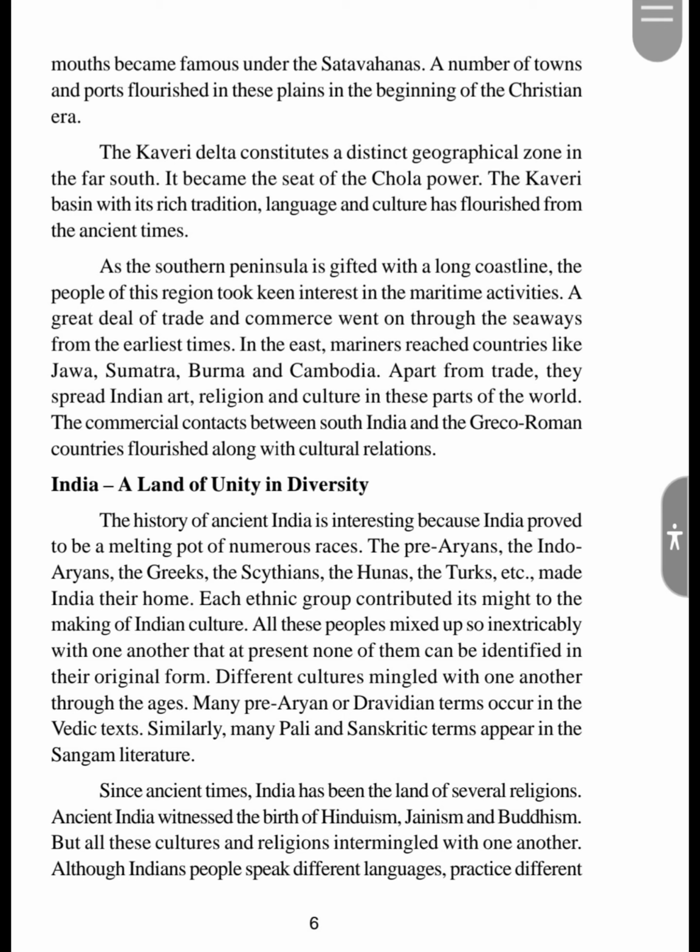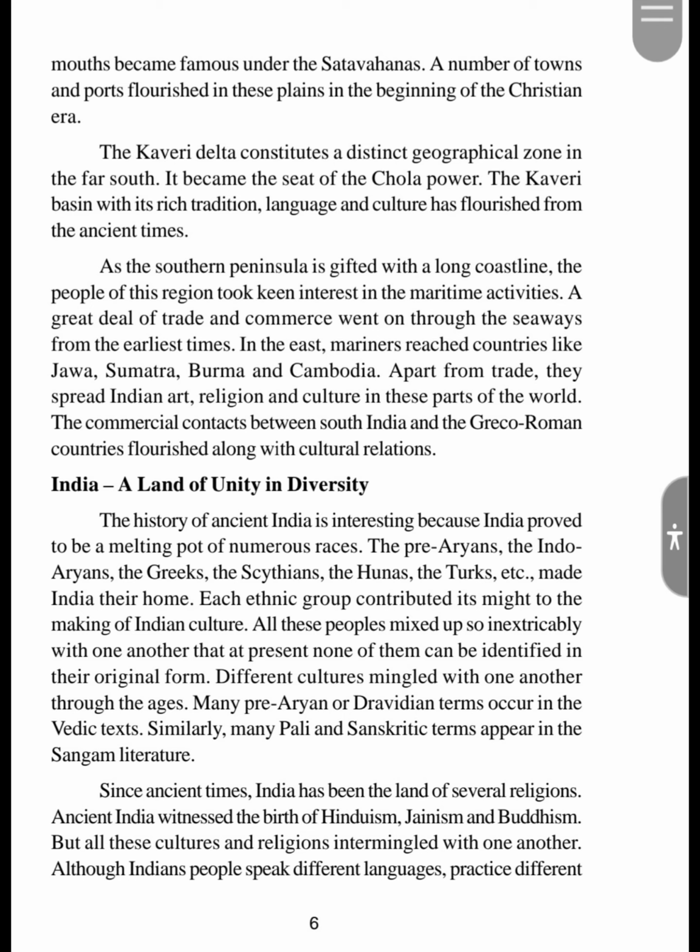India, a land of unity in diversity. The history of ancient India is interesting because India proved to be a melting pot of numerous races. The pre-Aryan and the Indo-Aryan, the Greek and the Scythian, the Hunas and the Turks, etc., made India their home.